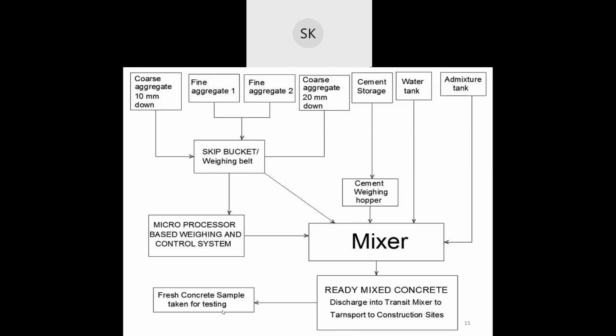Fresh concrete sample is taken, yes, very important thing. Before the mixture is transported to the transit mixer, samples are taken out and those samples are tested. Okay. At site also, when you cast, this is a thumb rule.